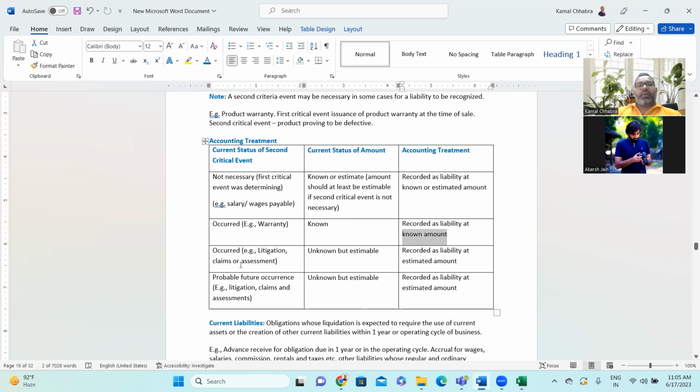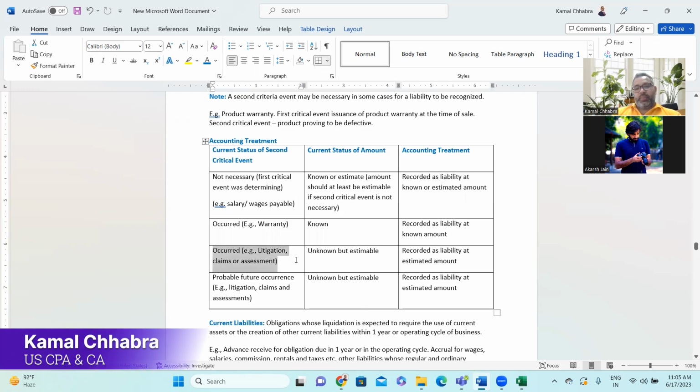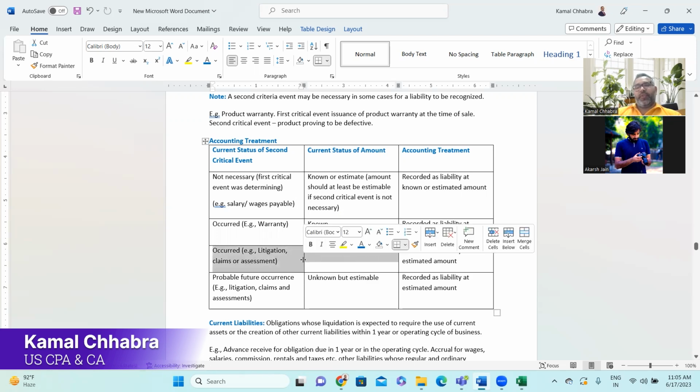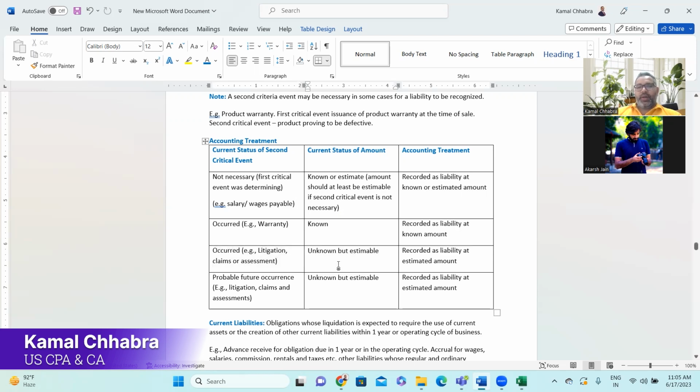Third is occurred, for example, litigation claim or assessment. But the amount is unknown. That means somebody has claimed for a warranty. But as of now, the amount is not known for the same. But you can do the best estimation. So then record based on the best estimated amount. Last one is probable future occurrence.